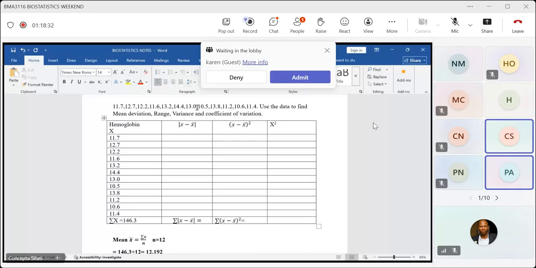I changed the one above to match the table. And the range has changed to 3.9.